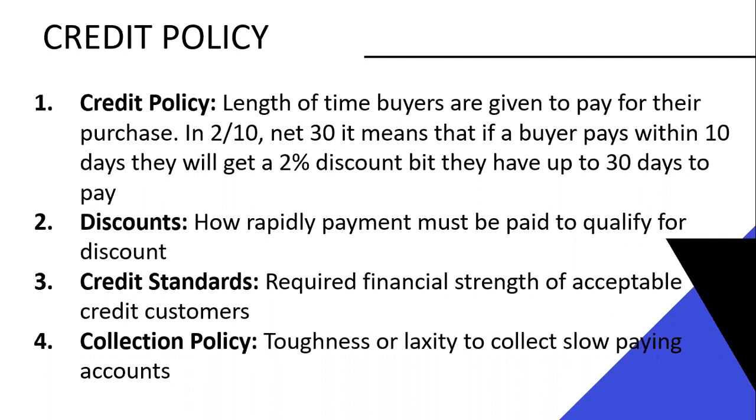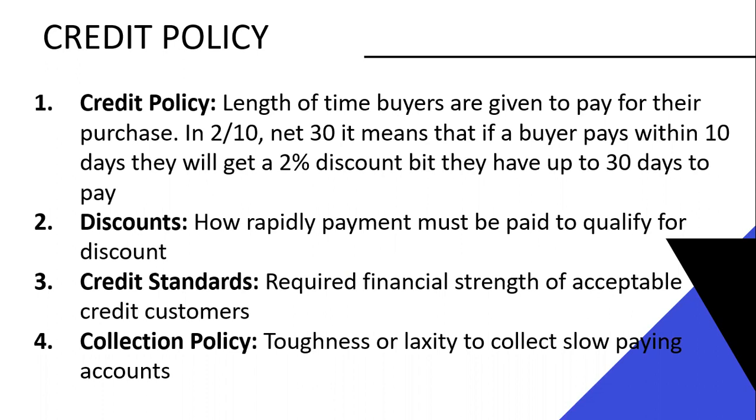And this basically means that if a buyer pays within 10 days, then they will get a 2% discount. But they also have up to 30 days to pay. So this 30 shows you have up to 30 days to pay. But if you pay within 10 days, you will get a 2% discount. And discounts, again, that 2% is how rapidly payments need to be made to qualify for discounts.